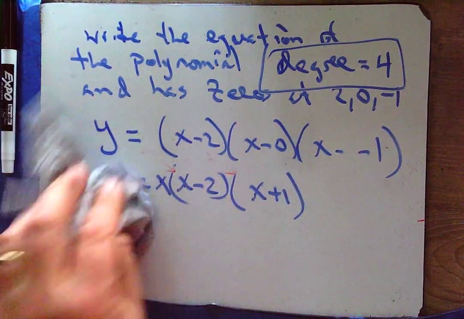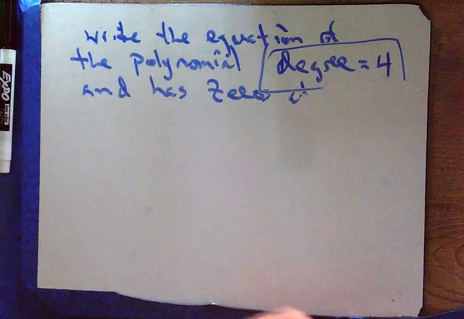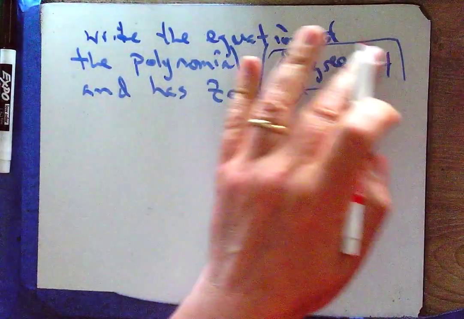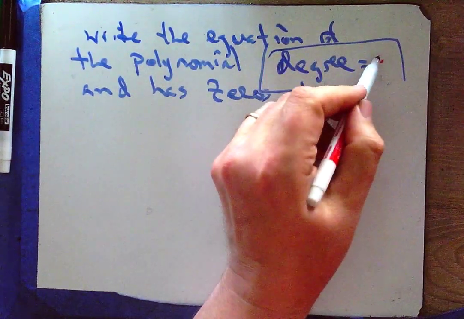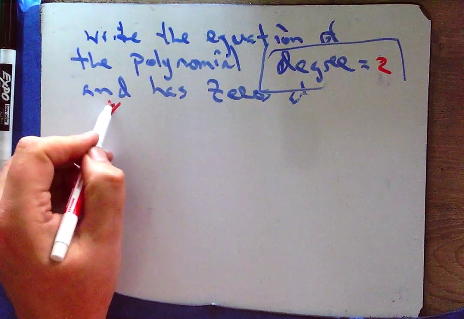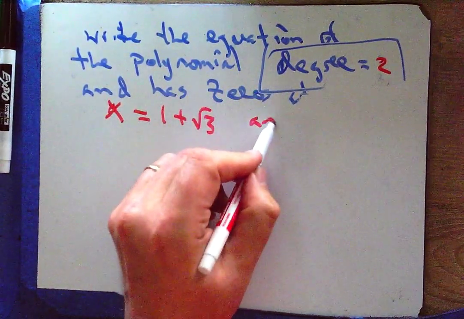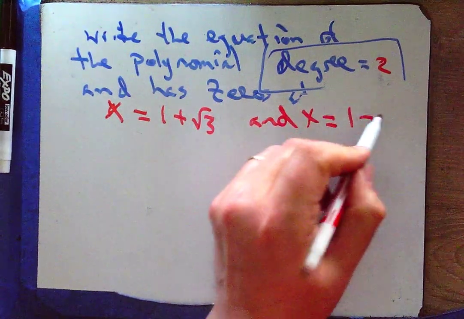All right. What happens if I change my zeros and degree? So degree of 2 with zeros at x equals 1 plus root 3 and x equals 1 minus root 3.